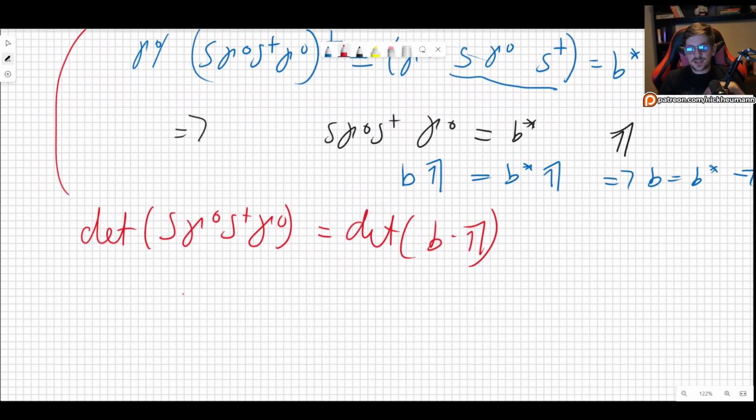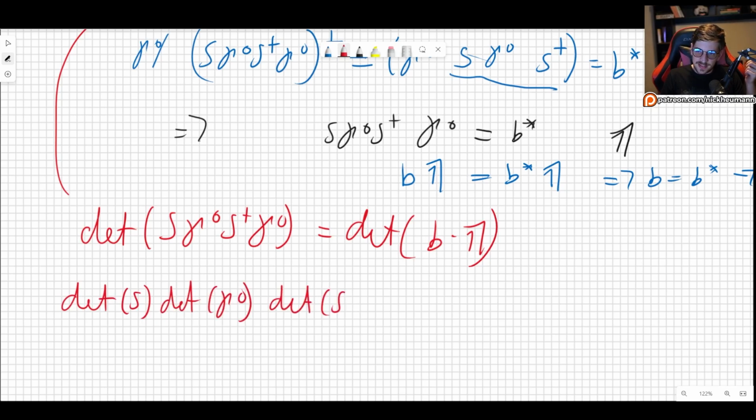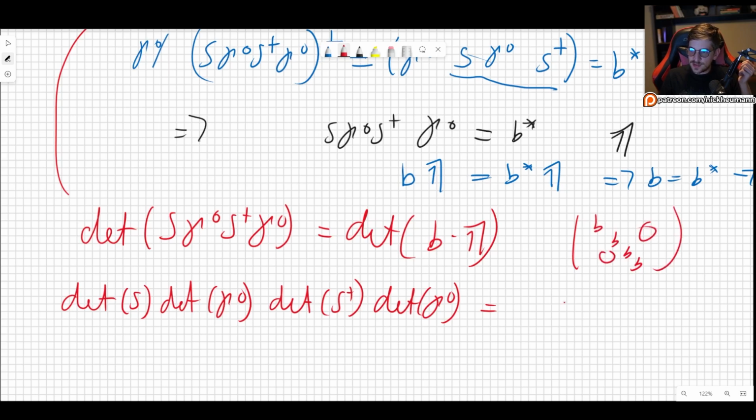The determinant of a product of matrices is the product of the determinants: the determinant of S, of gamma 0, of S dagger, and of gamma 0. This is equal to the determinant of B times the identity matrix. The identity matrix is 1, 1, 1, 1 on the diagonal, so we get B, B, B, B and a bunch of zeros. So the determinant here is simply B to the fourth.